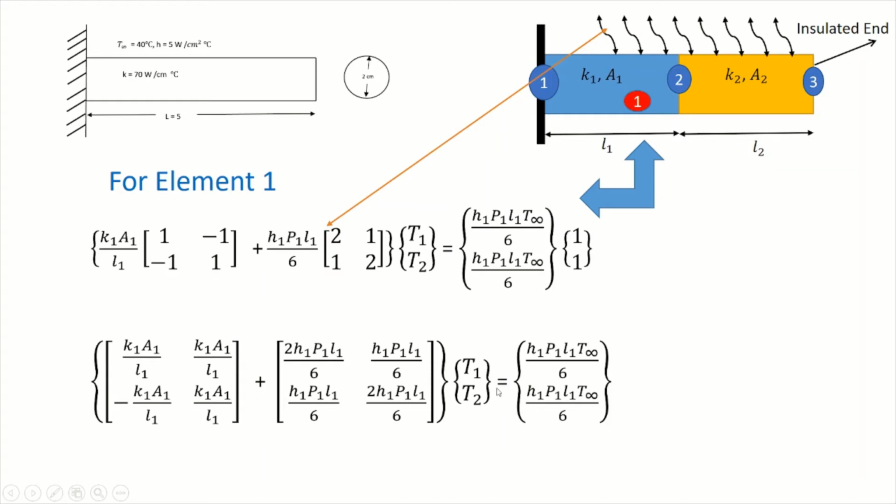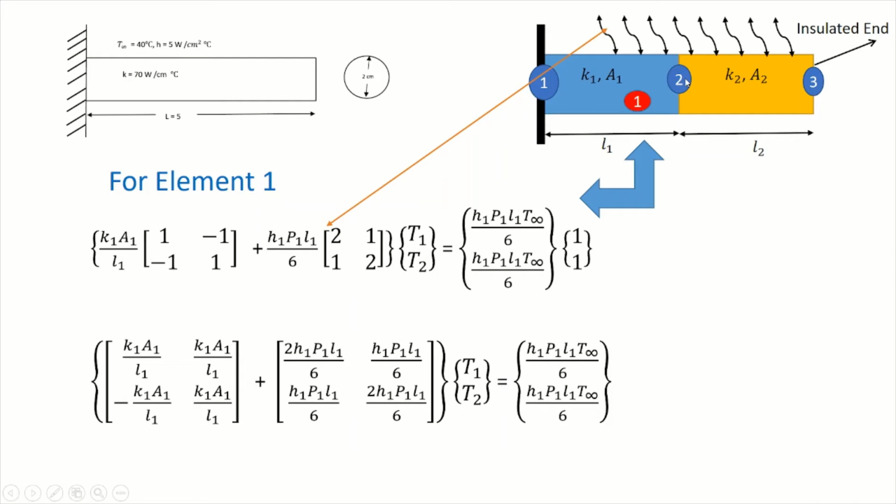So this is for element 1. So we will just multiply it. Got it? And so this is my element 1. You can see here, this extra term is for convection, which we have added. So finally we got this. Here only T1 and T2 we have implemented because this is for node 1, node 2. See, whenever you are operating on a particular element, you can only include those nodes.